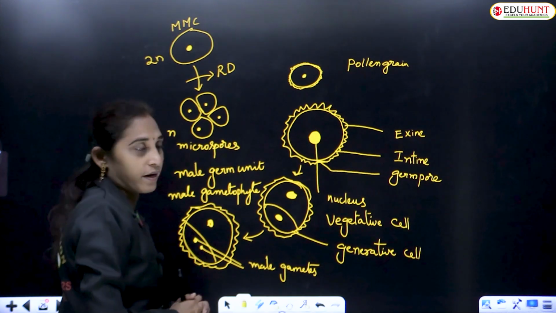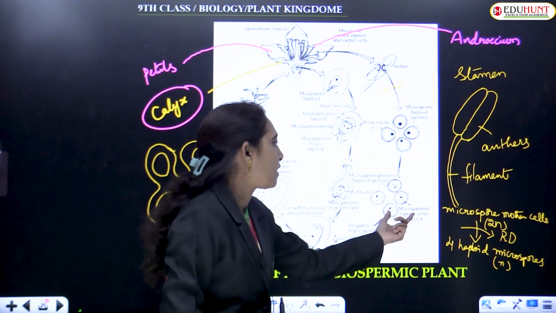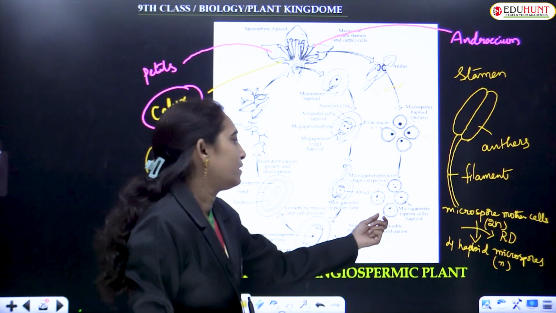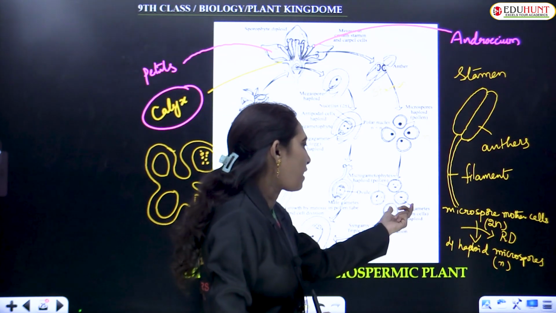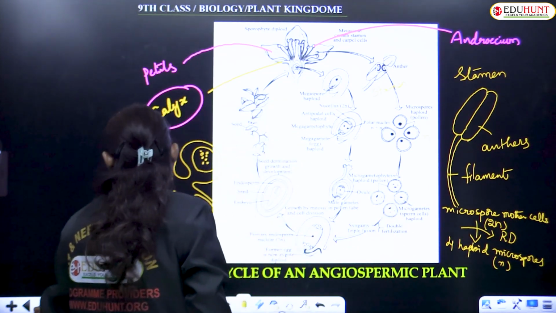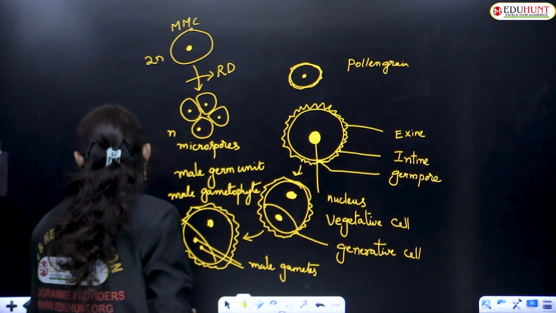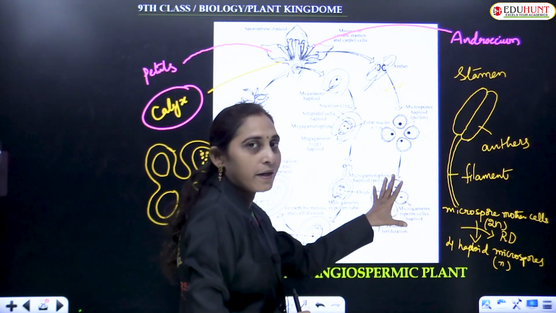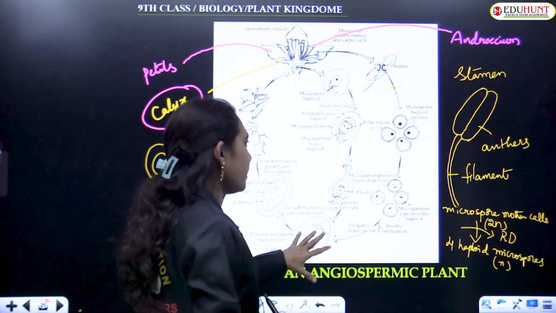Okay, these are microgametes. Microgametes are male gametes. These are sperm cells which are haploid in nature. Just now I have drawn them. Yes, these are the male gametes. And now the pollen grain is said to be the male gametophyte.